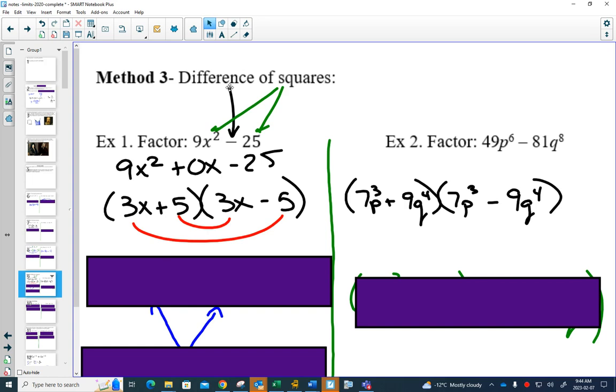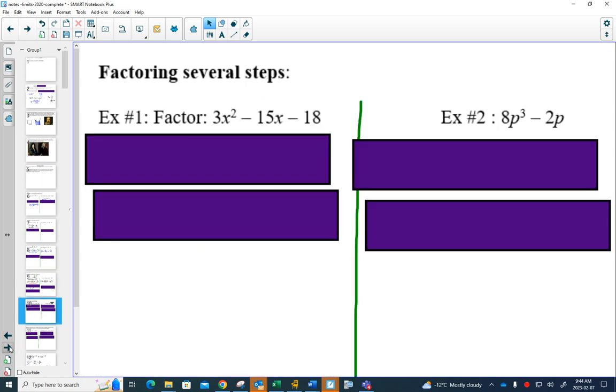Okay, so up till now, this is all stuff that you've done. And we're going to learn some fun new factoring stuff today as well. So first of all, sometimes you have more than one thing.